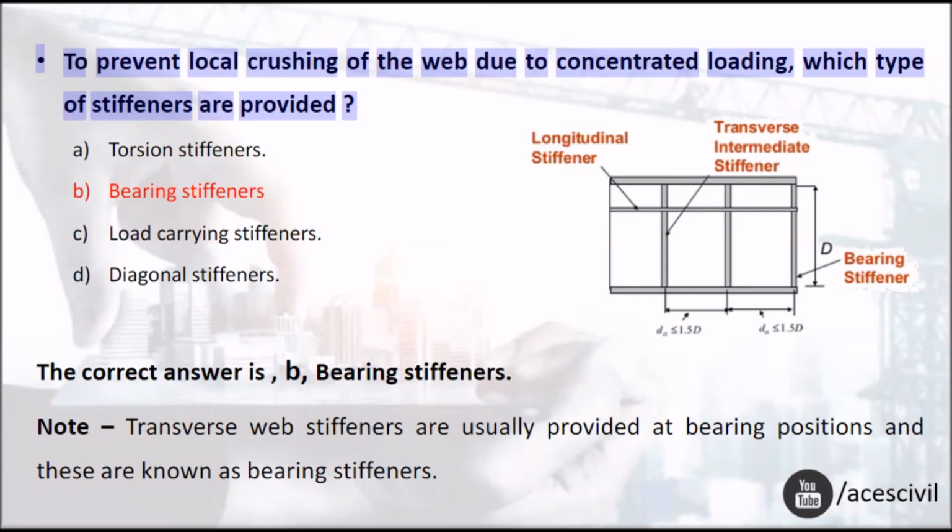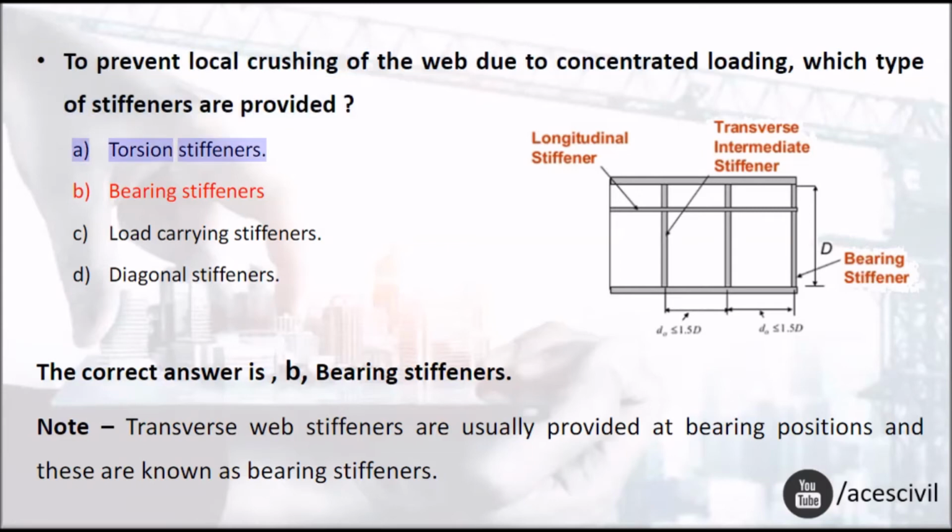To prevent local crushing of the web due to concentrated loading, which type of stiffeners are provided? A. Torsion stiffeners. B. Bearing stiffeners. C. Load-carrying stiffeners.